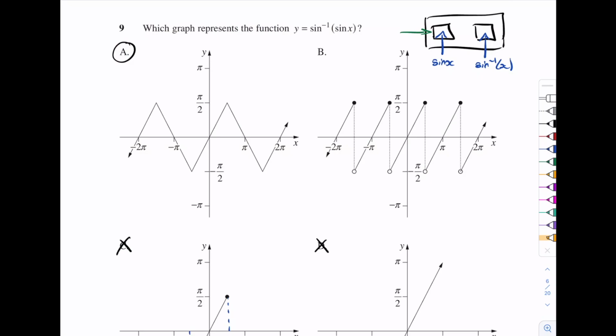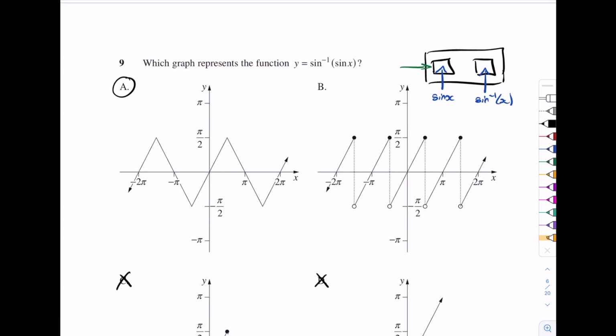Also, another way that you could pretty easily determine this is that you can tell that option B never has y equal to minus pi on 2, because on this line y equals minus pi on 2, we've got open circles. So this is telling us that y could never be equal to minus pi on 2. But you could probably find an x value that would give you minus pi on 2. For example, if I subbed in minus pi on 2 into this, I'll get y equals sine inverse of sine minus pi on 2.